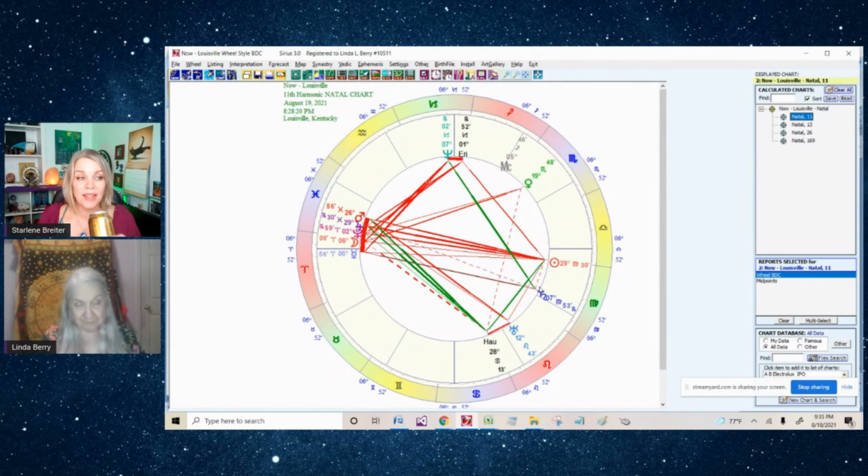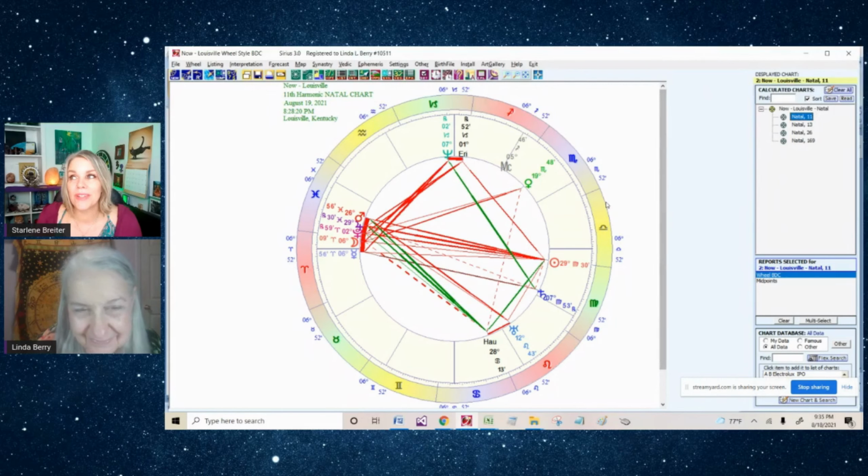I don't know if that's what it means, but that's one thing it could mean. Exactly. This is like the exploration of the transit. So it's interesting to look at, and then look at what's going on in the world.